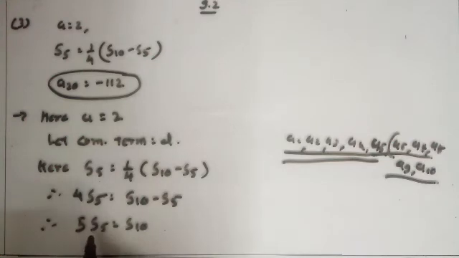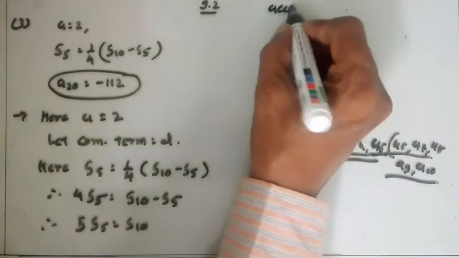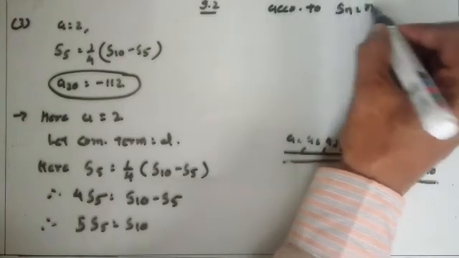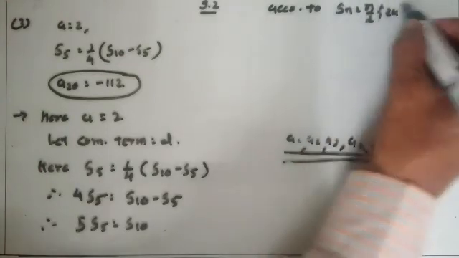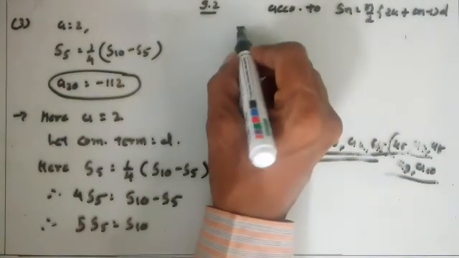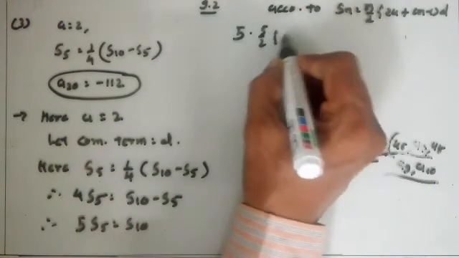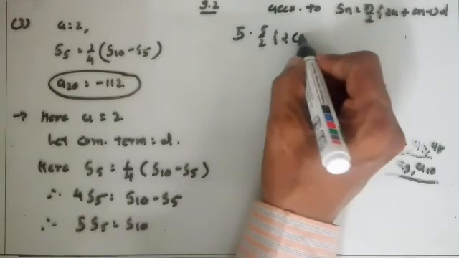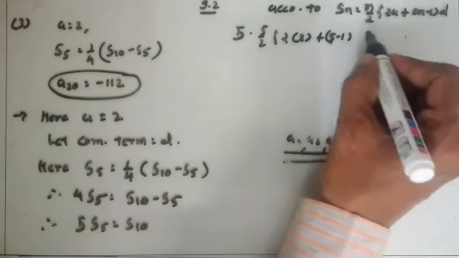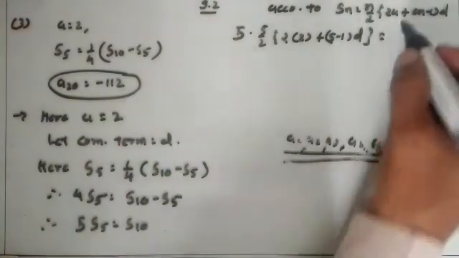Now S5 is equal to, we know that according to Sn is equal to n by 2 into 2a plus n minus 1 into d. S5 is equal to 5 upon 2, 2 into a, here already given 2, plus 5 minus 1 into d, and this is equal to S10.